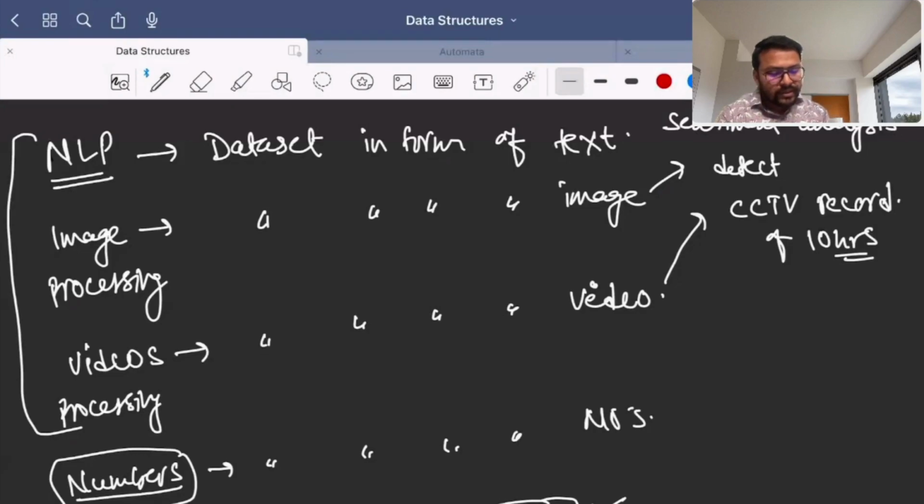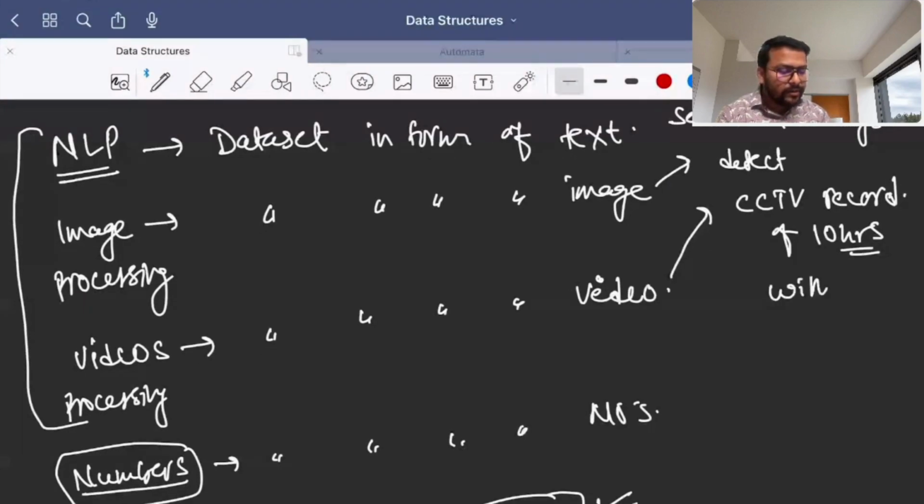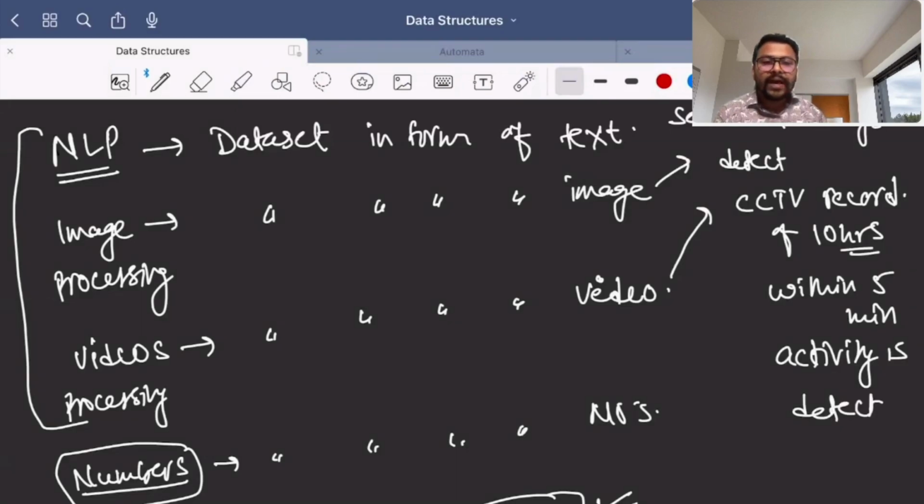Maybe it will say that within this 5 minute period an activity is detected. Maybe it will tell us this, and we will go and watch that 5 minute video to understand what has happened. So that is the case of 10 hours.